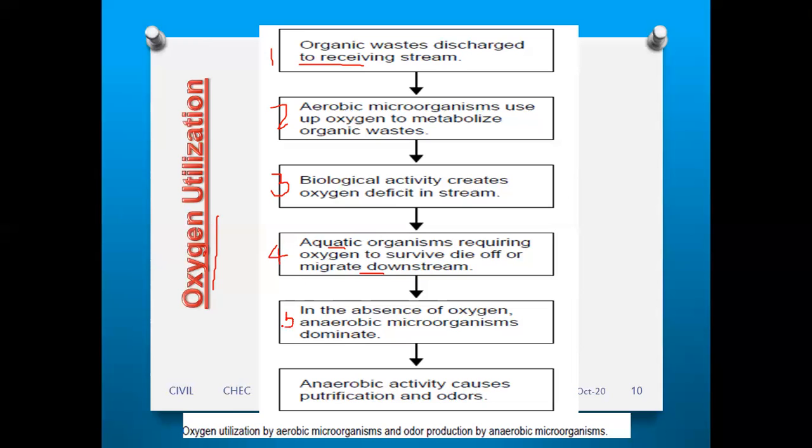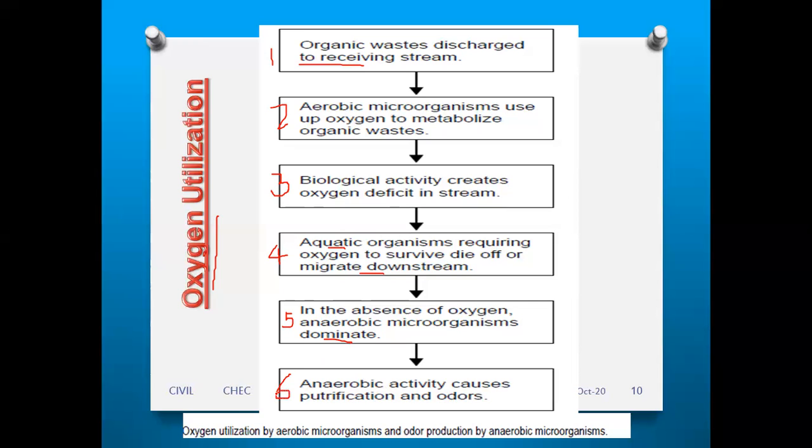Next, coming to the fifth stage: in the absence of oxygen, anaerobic microorganisms dominate. So in the absence of oxygen, the anaerobic treatment process takes place, thereby dominating the microorganisms.